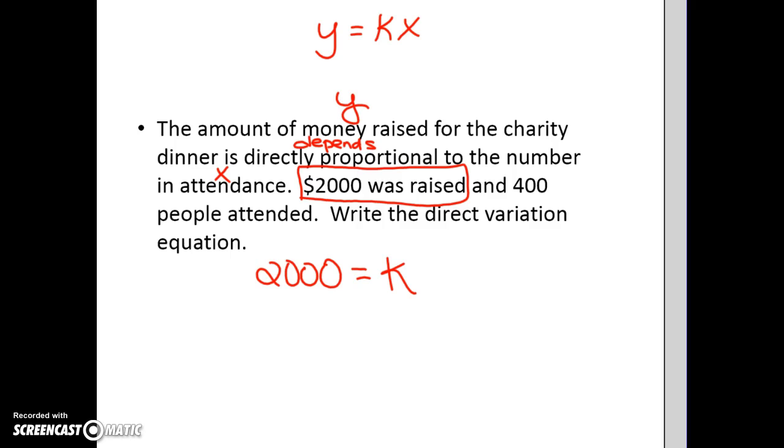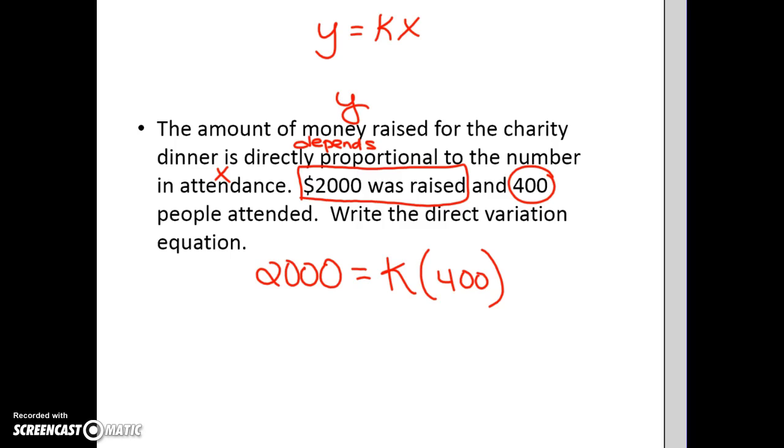Well, the number of people attended is right here. So k times 400. Write the direct variation equation. In order to actually write the equation, I need to solve this equation for k.